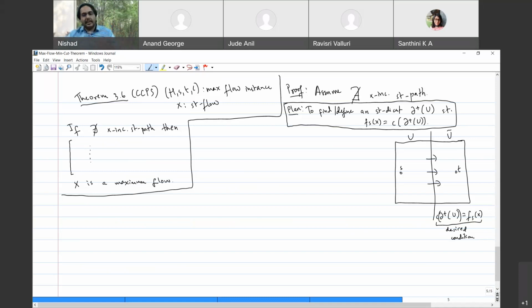So what we know is that there is no x incrementing ST path. So let's look at all the vertices we can reach from S using x incrementing paths. They will start at S, but they won't end at T because of course there is no such path, right? So we'll try to go as far as we can using these incrementing paths. And when we can't go any further, that will be the definition of our set U.